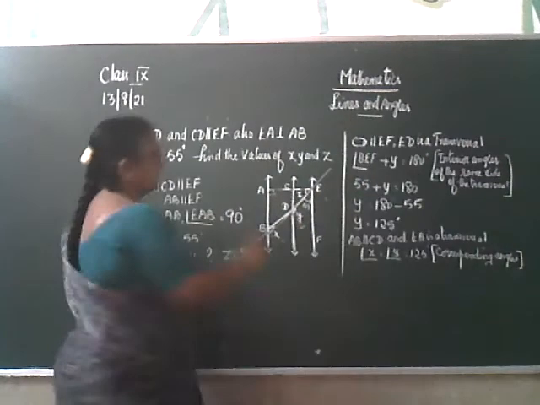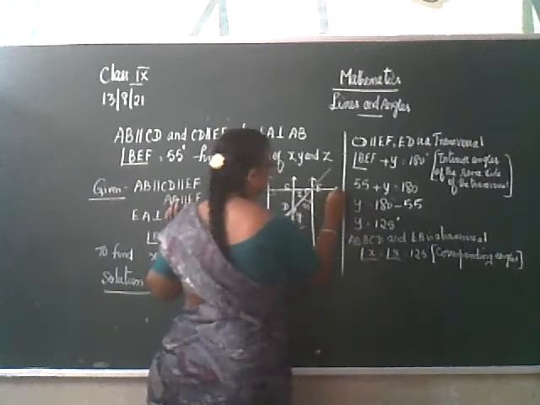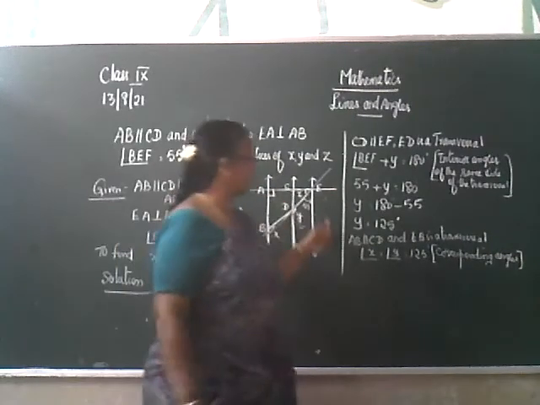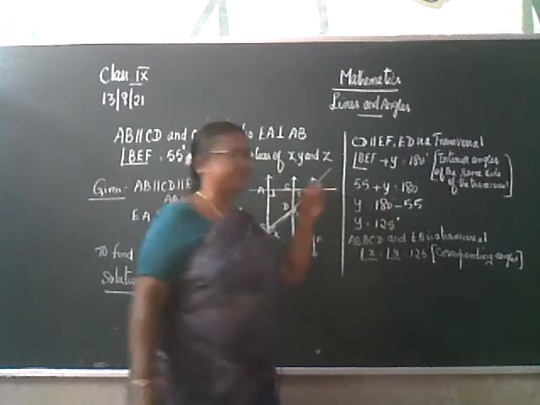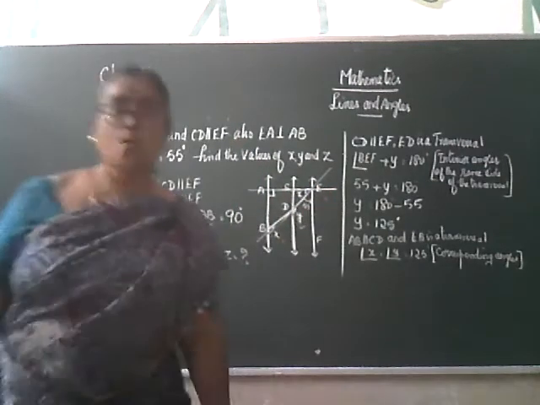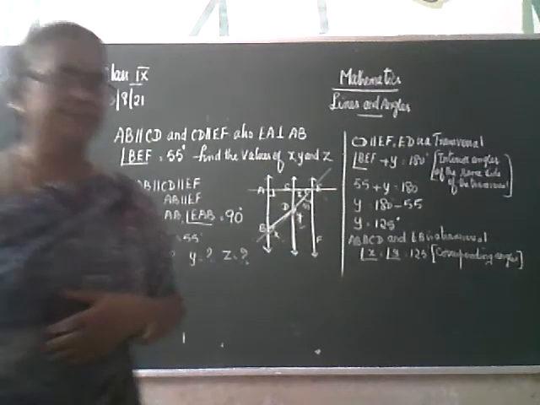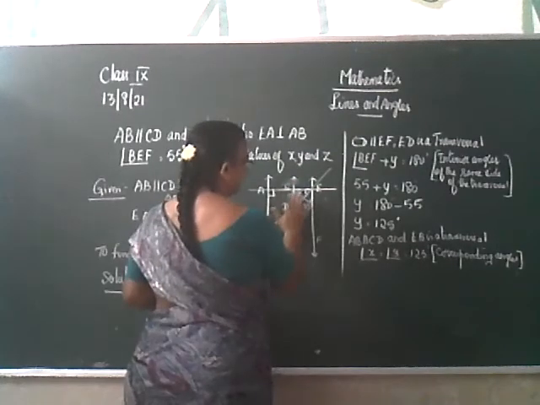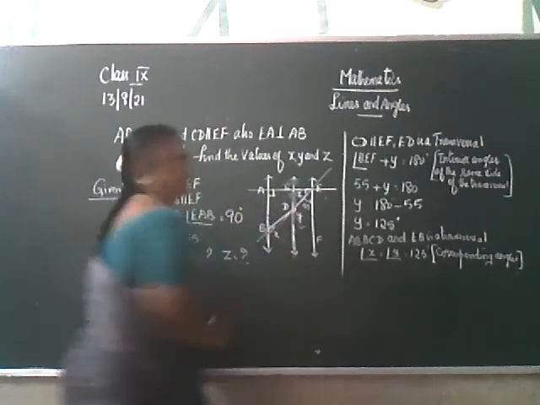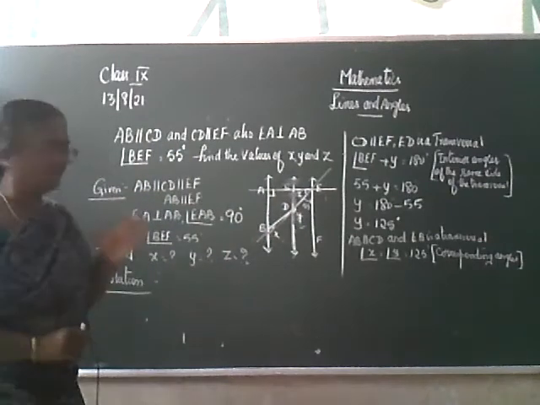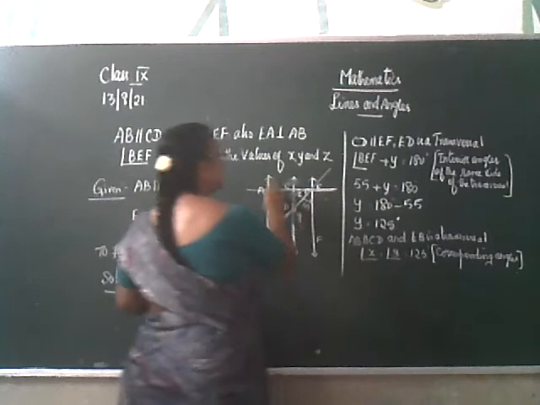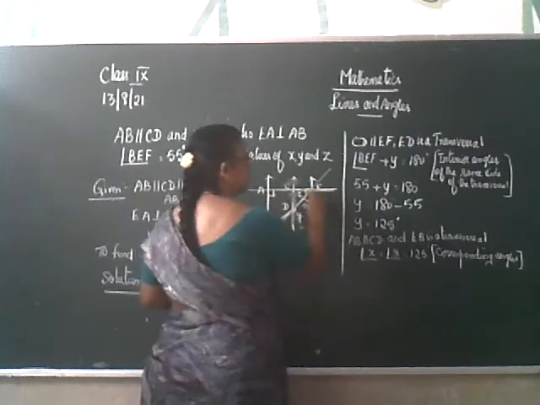Okay. When I consider Z, these two are parallel and AE is the transversal. So if AE is the transversal, AB is parallel to EF.